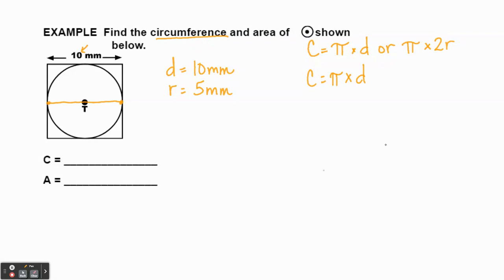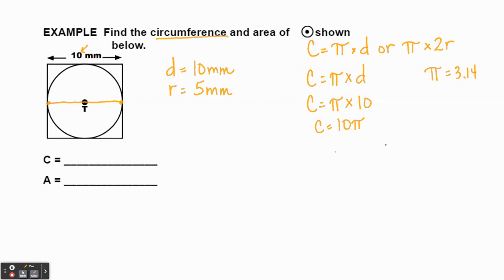Now, pi is a constant. It's a number that often is used as 3.14, although the digits go a lot farther, just so you know. Sometimes we might be asked to leave it in terms of pi, and I'll show you what that looks like. So pi times the diameter, my diameter is 10. So my circumference is 10 pi.